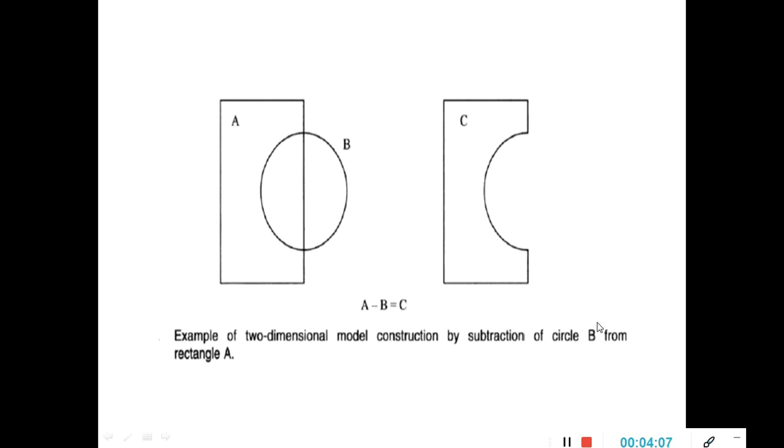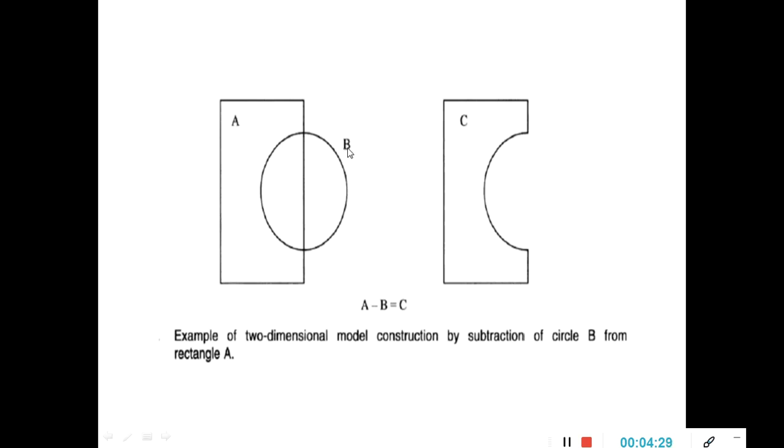One best example is given here. In the two figures, in the first figure, the two-dimensional model is constructed by subtracting a circle B from the rectangle A. This is the final product we actually need. This is product number 1, this is product number 2.